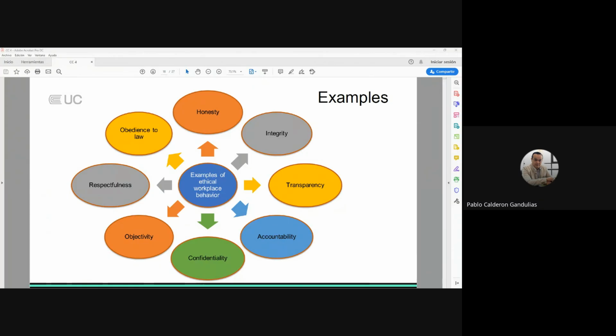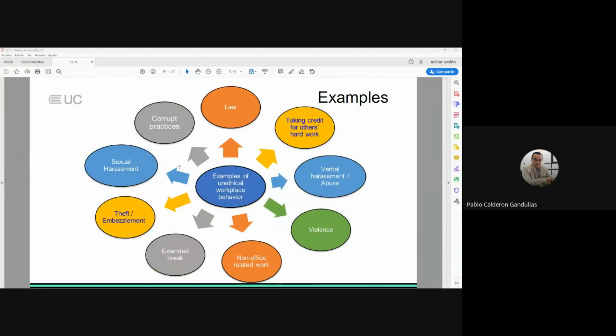On the other hand, here you have some examples of the opposite, unethical workplace behavior. Okay, lies, taking credit for others' hard work, verbal harassment, abuse, violence, non-office related work, extended work breaks, theft, sexual harassment, corrupt practices.